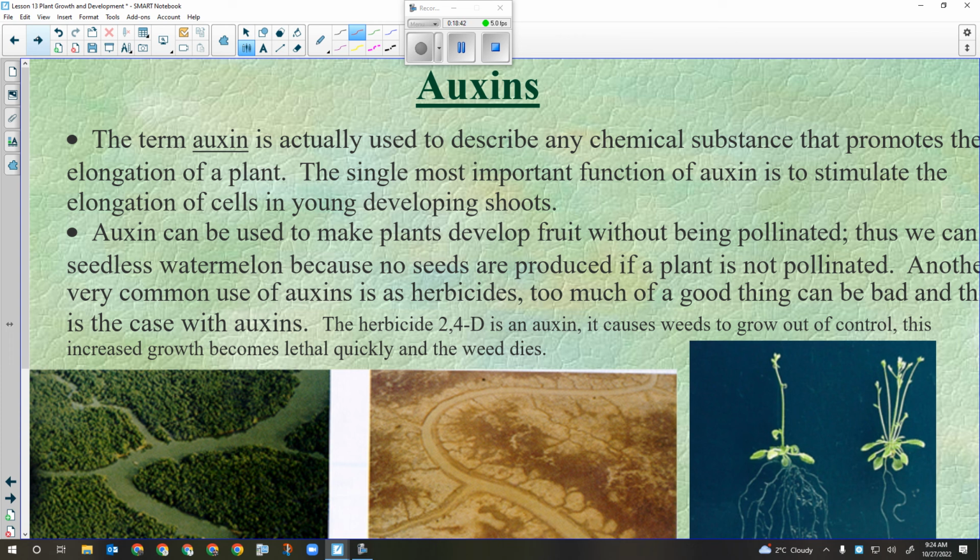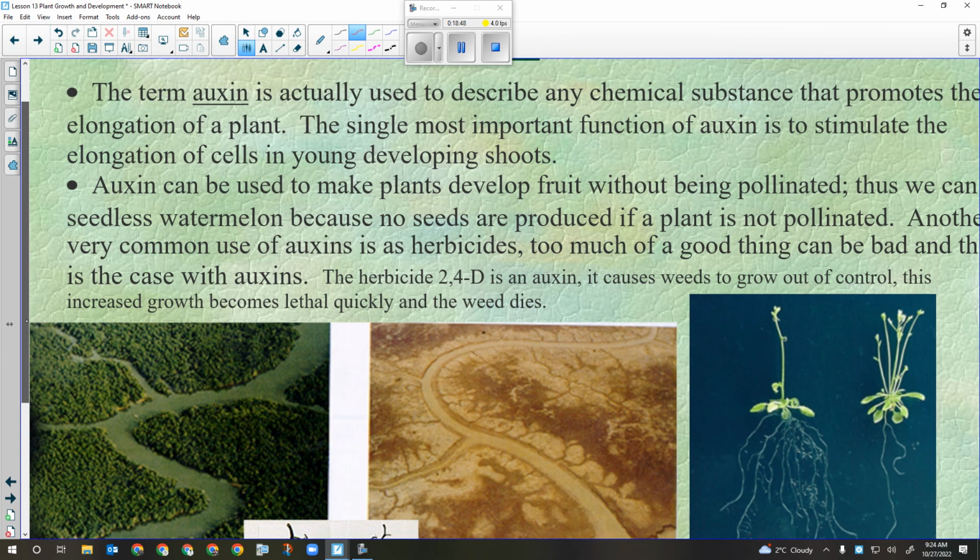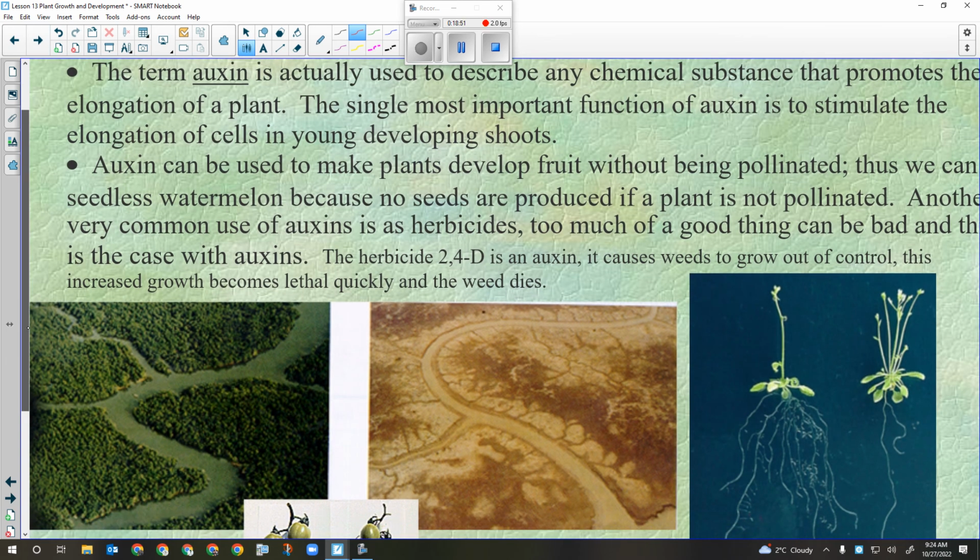Now, pick the first 2 pictures here, on the left. This is actually, believe it or not, a before and after picture. What do you suppose happened here?